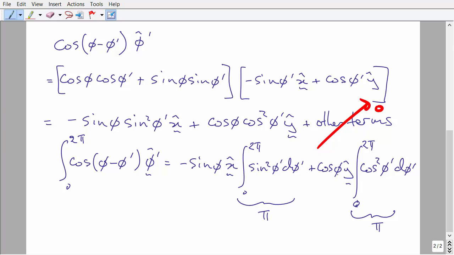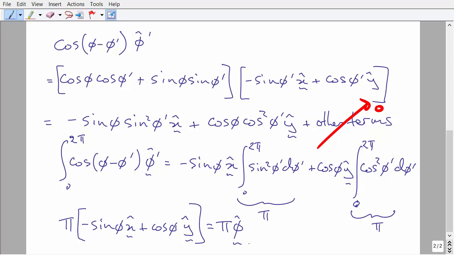All right, so let's ask what that vector is. Well, that is actually pi times a vector phi hat, which is kind of nice, isn't it? The integral changed the phi hat prime vector to the phi hat vector.